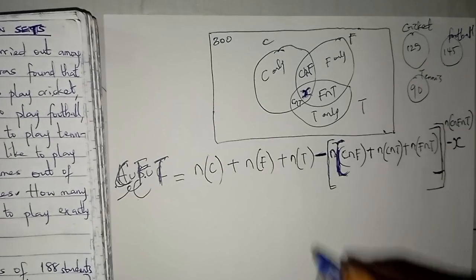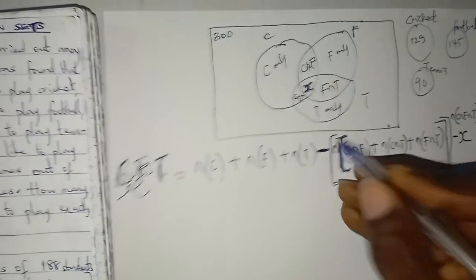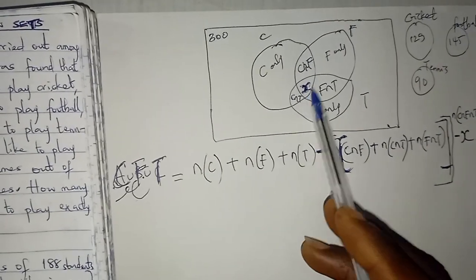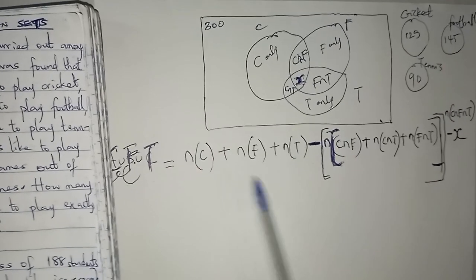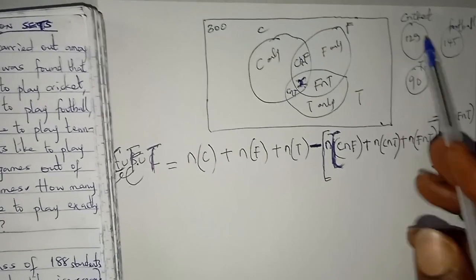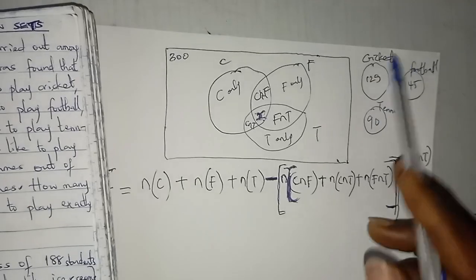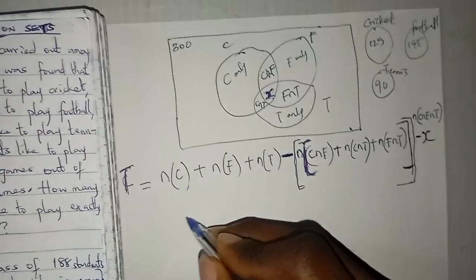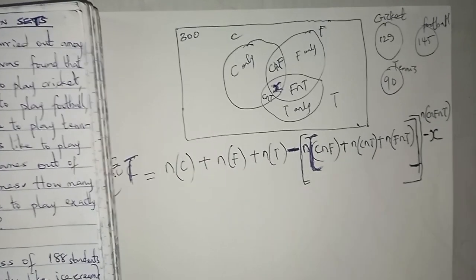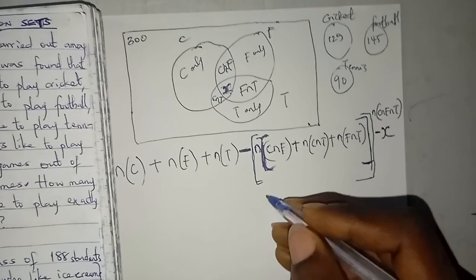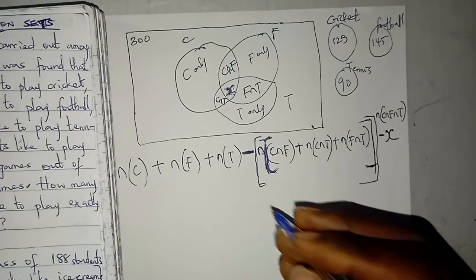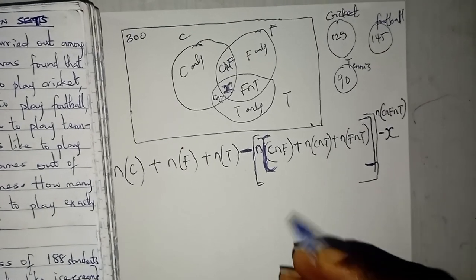So notice that the general formula simply means that once you are not given any value for the intersections, what you do is simply the sum of all the whole circles, minus the two intersections and the three intersection, what they have in common in three.